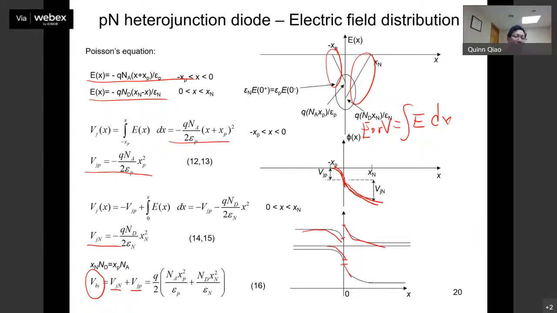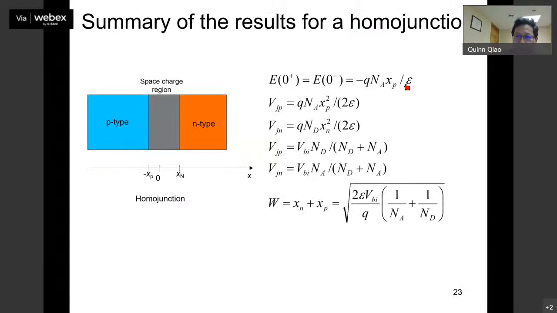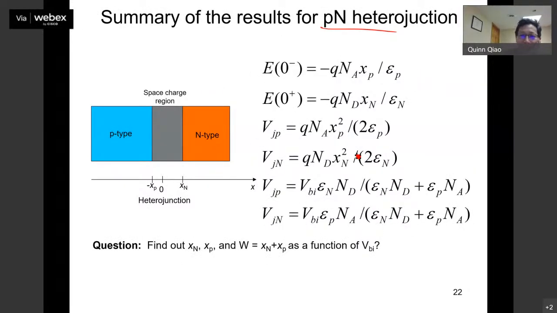But that VBI doesn't mean that the HOMO level, LUMO level, or conduction band and valence band have the same thing. And then with that you can summarize this. This is the p-n junction and heterojunctions. The only difference compared to the homojunctions is that there epsilon is the same, that's why no epsilon there. But now, since this is a heterojunction, you have the p side with its dielectric constant and the n side with its dielectric constant, and they're not the same.